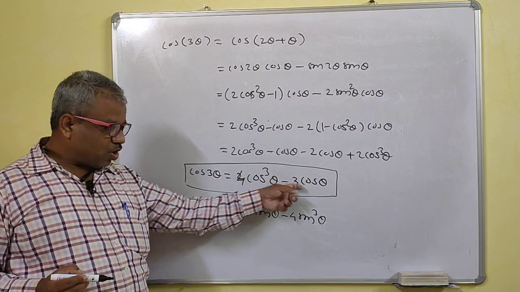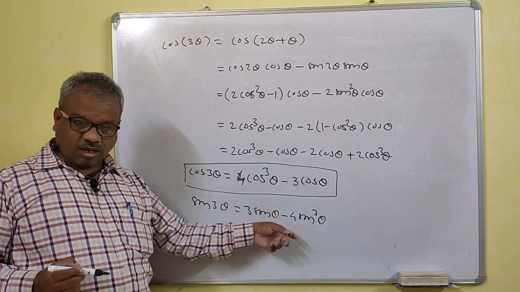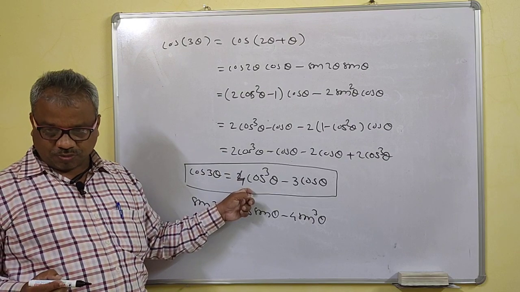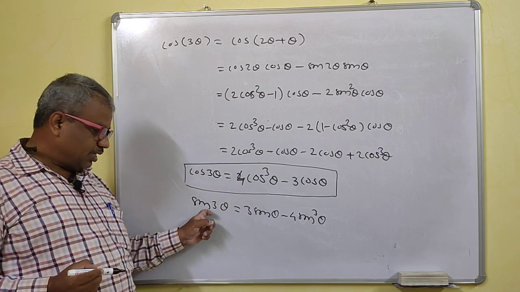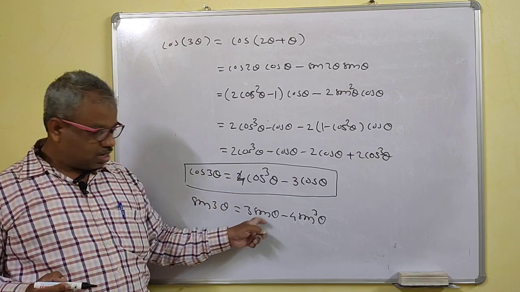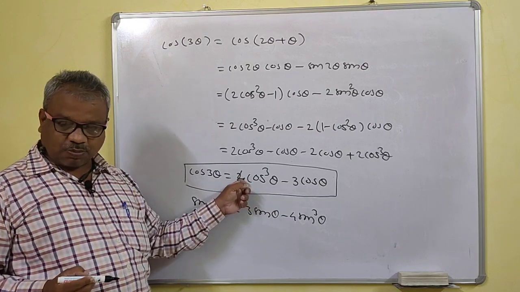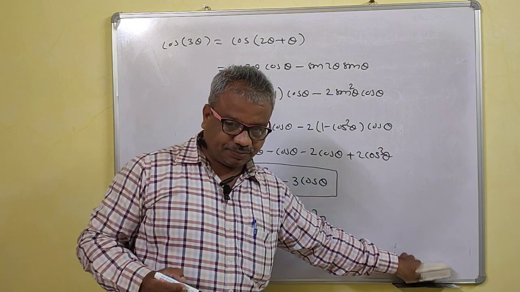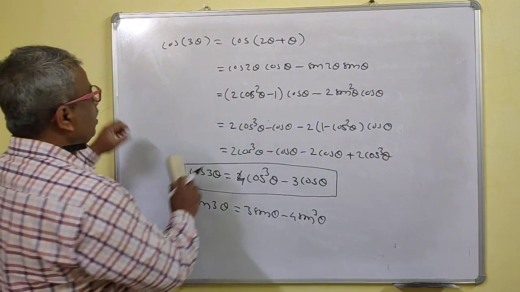So that means for 3 and 4, they have alternate signs. So for cos θ, start from 4, and for sin θ, start from 3. If you start from 4, the second sign is minus. So remember this. Both the formulas are very important.